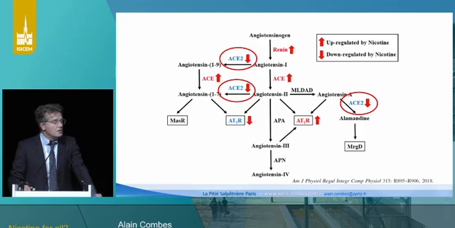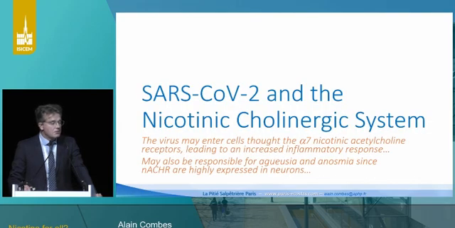There's a lot of convincing data suggesting this downregulation of the ACE2 pathway, while on the other hand there is an increase in ACE and also a shift towards more AT1 angiotensin stimulation, which may be responsible for part of the vascular effect of the disease.